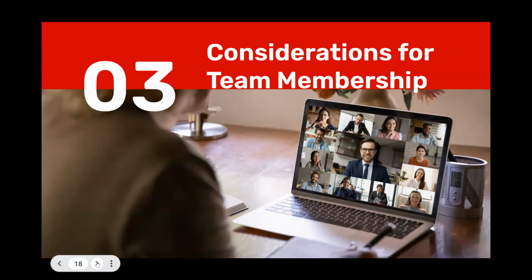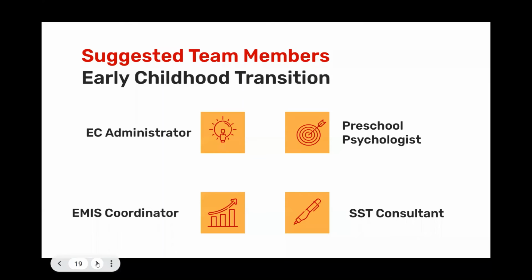So now that we're talking about the SRSR, the improvement plan, who should you be considering for this process? We would suggest that obviously you would have your early childhood administrator. Sometimes that is the person in charge of special education within the district, but often it is someone who is specifically in charge of preschool special education. Then your preschool psychologist.